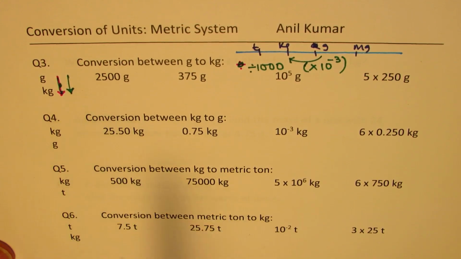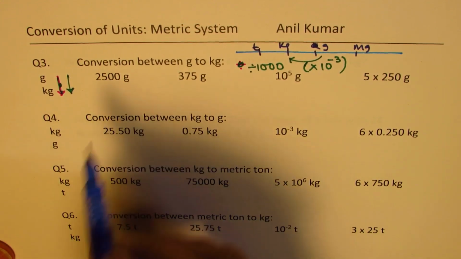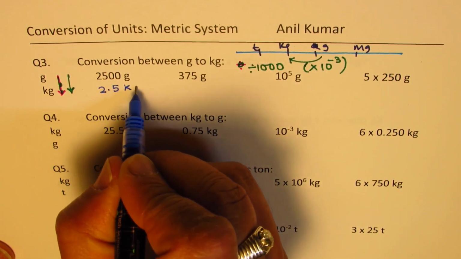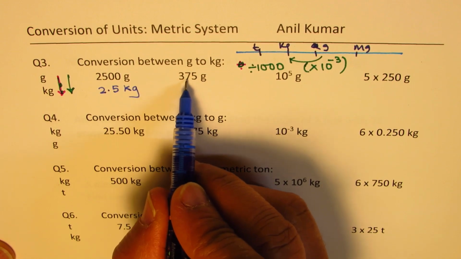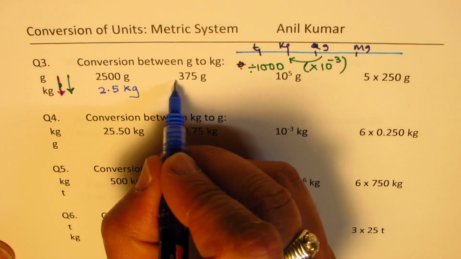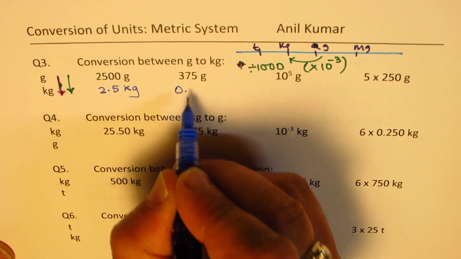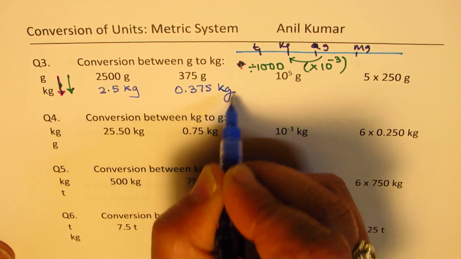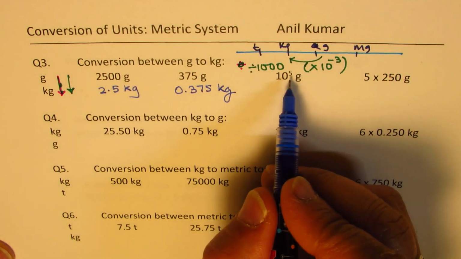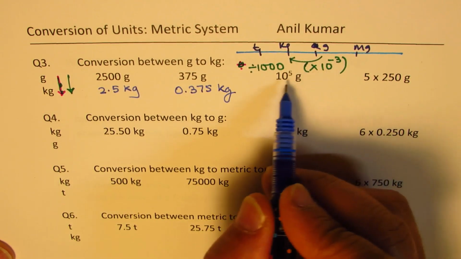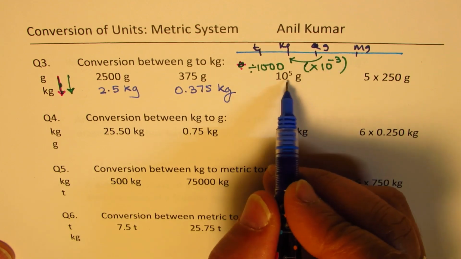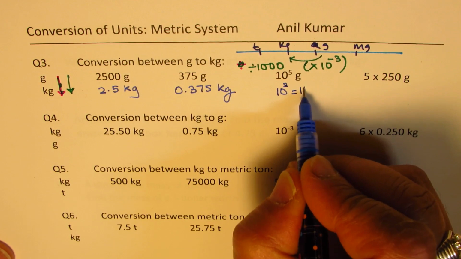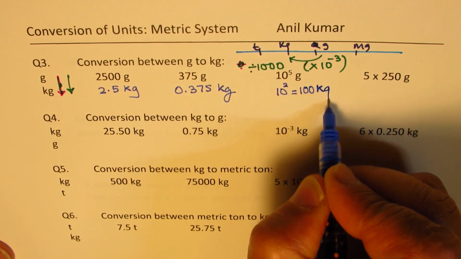So dividing 2500 by 1000 will give us 2.5 kilograms, correct? 375 grams, 3 decimal places, will get 375 after a decimal point in kilograms. 10 to the power of 5 times 10 to the power of minus 3, or divide by 1000, will give us 10 to the power of 2, which is same as 100 kilograms.